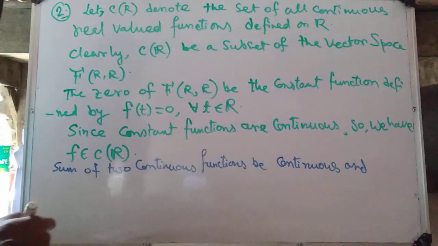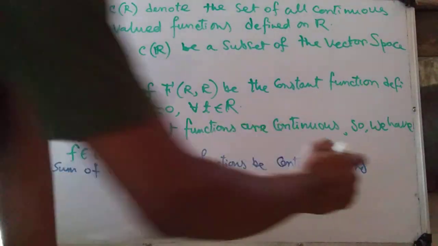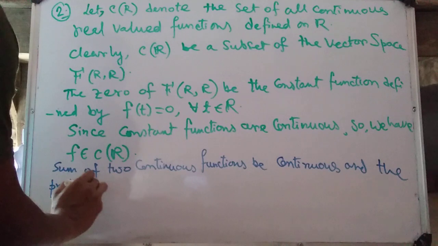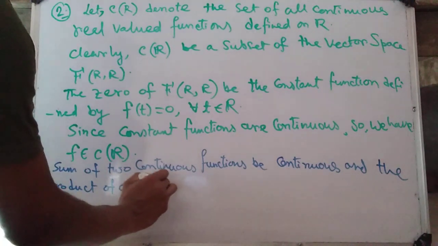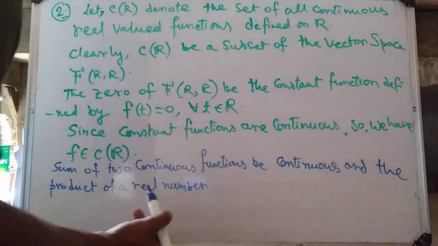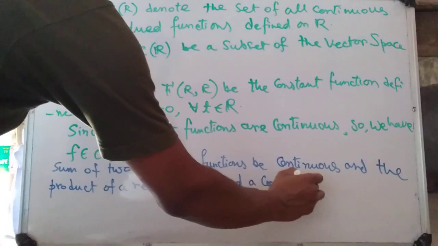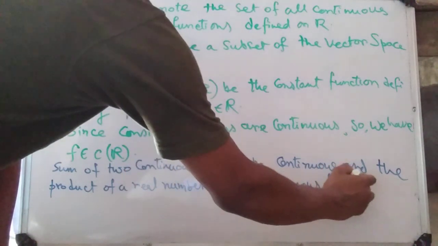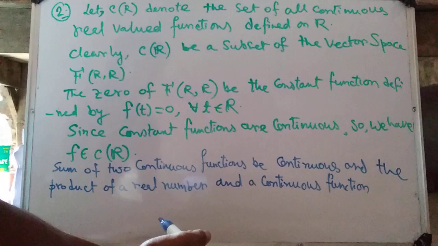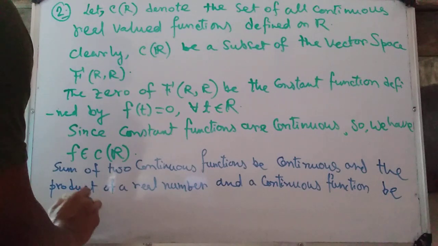And the product of a real number and a continuous function is continuous.